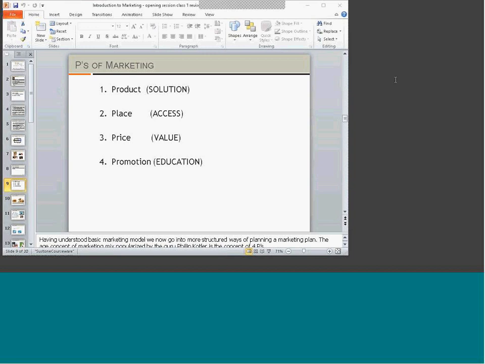Current perspective though, the 4 P's have become better understood if we understand them in the SAVE concept. Especially with IT coming in and the virtual world becoming bigger than the real world, the difference between product and service used to be tangibility.